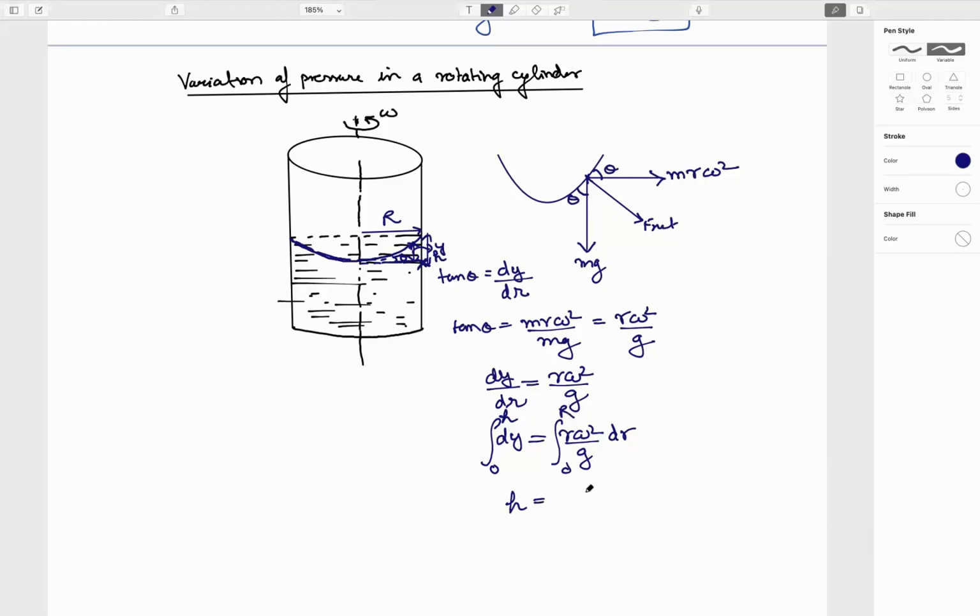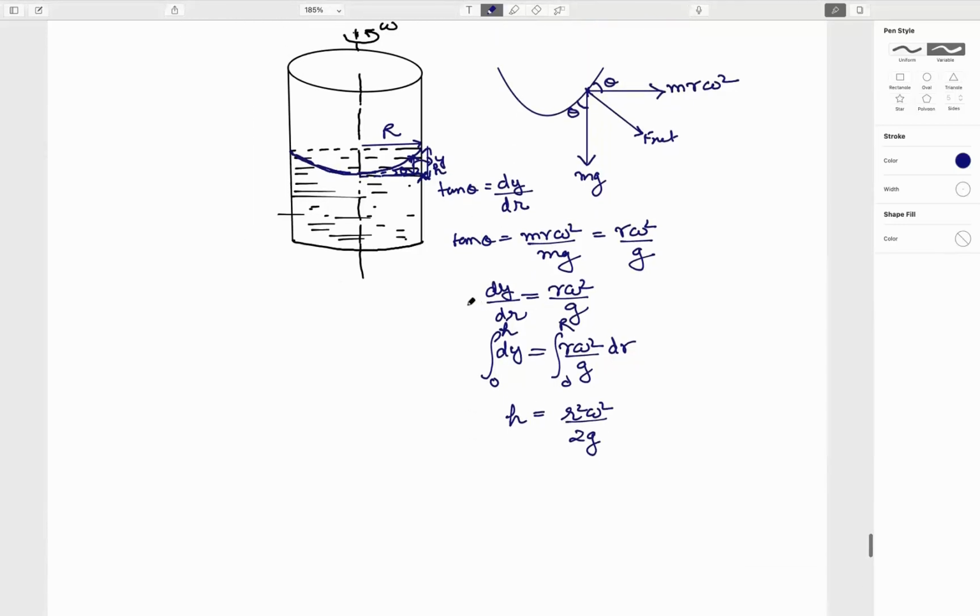So h comes out to be r square omega square by 2g. Okay, so that is the height. And now we can easily calculate the pressure at this point.